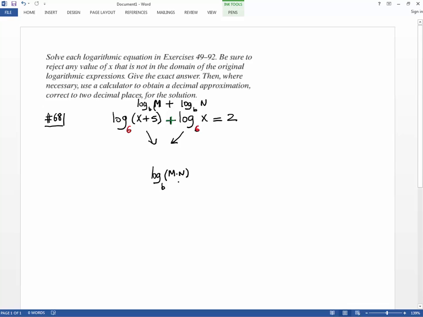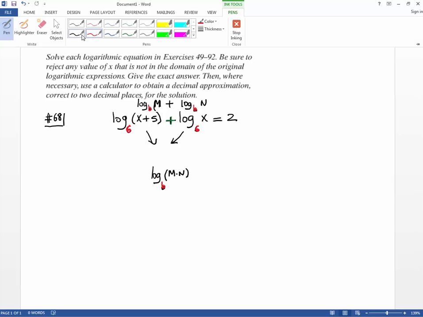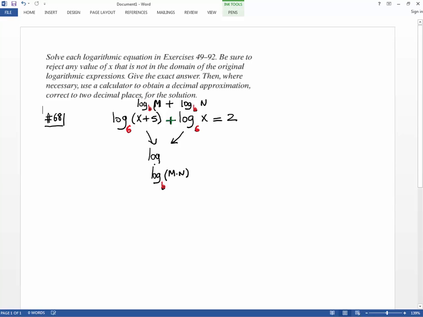So let's see how this formula helps us. Now, if you take a look, the base b is the base 6 over here. So we will have those two logs combining as a single log.